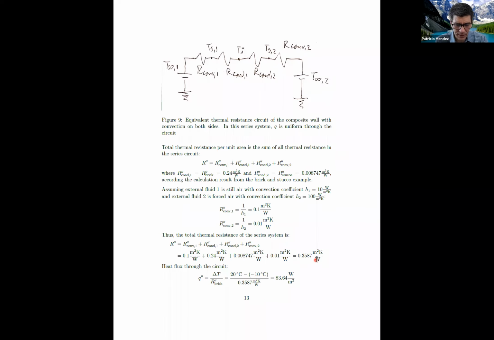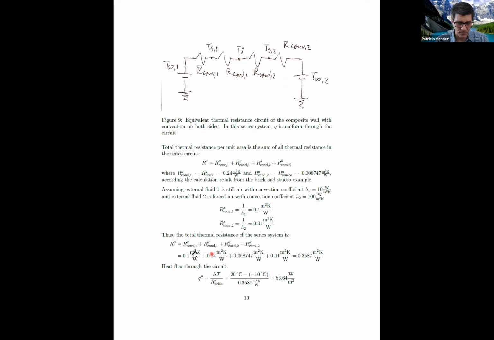And what do I see? Look, the brick was dominant, the stucco was very small. Convection outside, that is forced, is very small resistance, right? I'm talking about resistance. Very small resistance means heat can go fast.